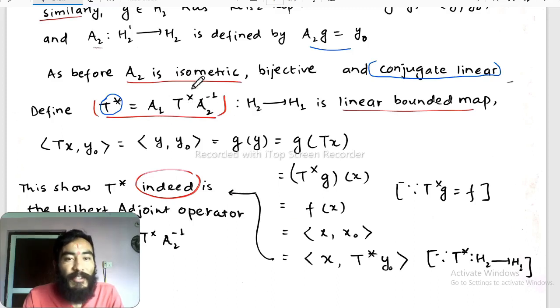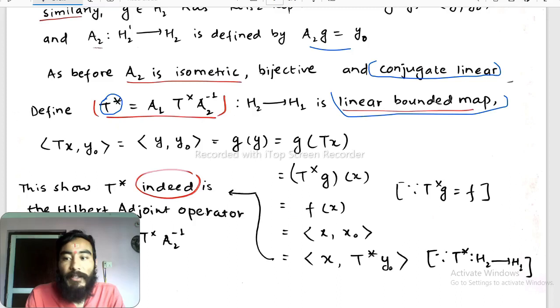The main result is that A2 inverse is conjugate linear and A1 is conjugate linear; conjugate linear times conjugate linear gives linear. Alpha conjugate, double conjugate gives alpha. So this shows T star is actually a bounded linear operator. Linear because two conjugate linear operators give a linear operator. T star is a well defined bounded linear operator.